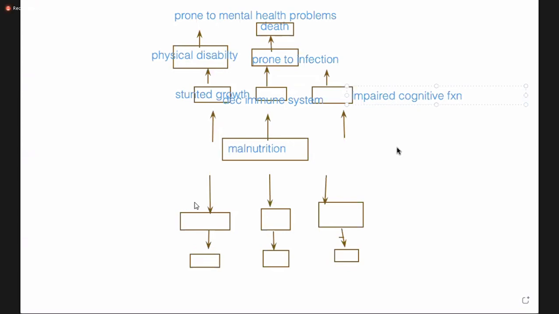So parang ganun. Pagdating naman sa defect na ito, ano naman yung mga causes of malnutrition? Yung root, ano yung mga root causes of malnutrition? Who would like to answer? Food.